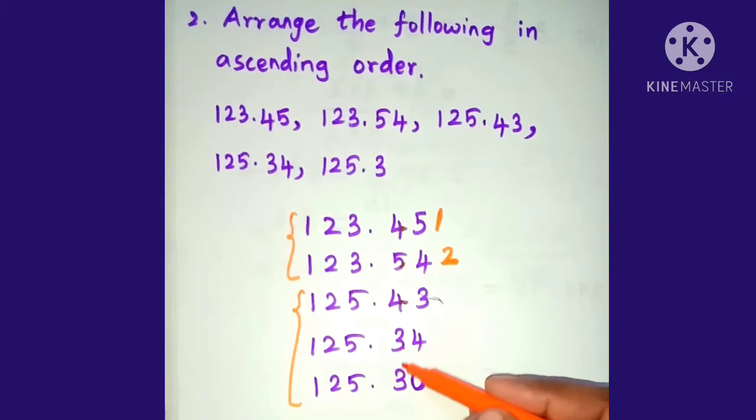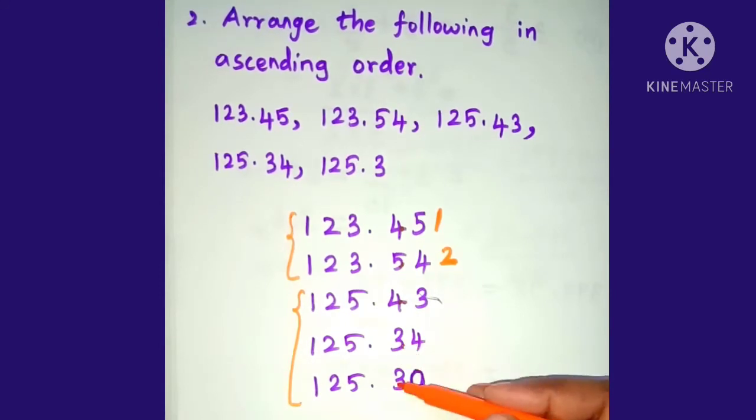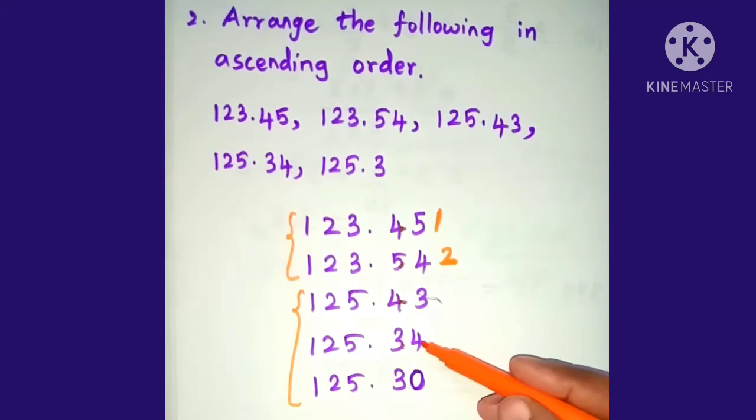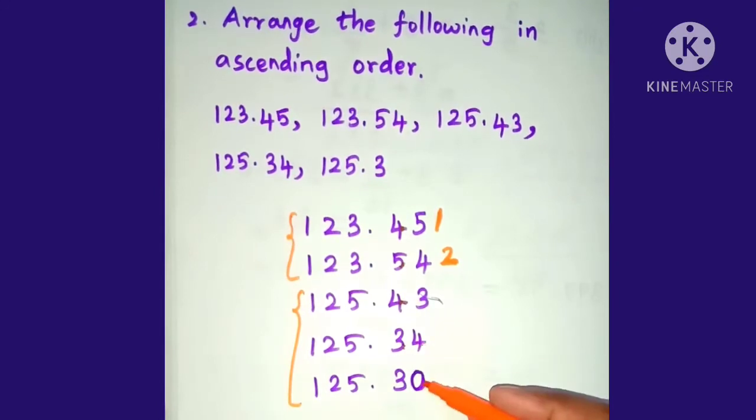Now compare these 2 values. The 10th place is 3 for both, so they are equal in the 10th value. Compare the 100th place digit values. Here it is 4 and here it is 0. So from this we can understand that 125.30 is smaller than this number.